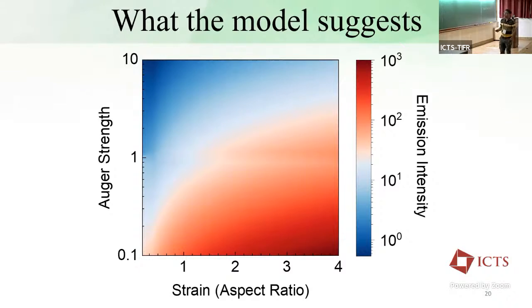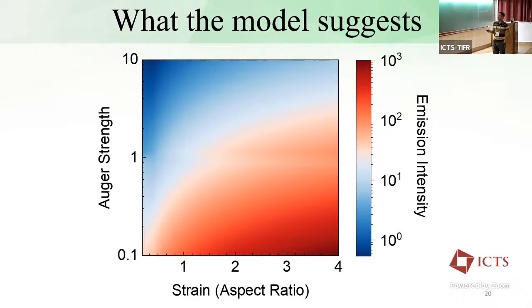So we did this sort of a rate equation kind of thing. It's nonlinear because Auger is like an n squared term, right? So there is the Auger strength and the strain in the system. You need more strain, that way you can funnel more excitons. But at the same time, more excitons means more Auger. So is there sort of an optimum situation?